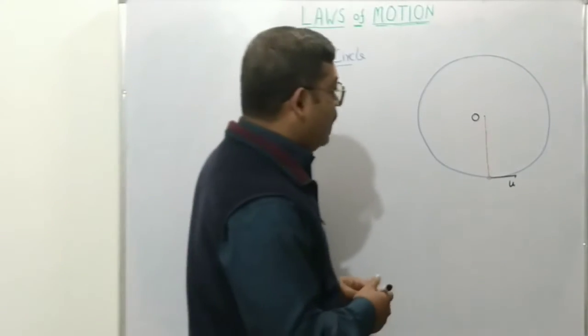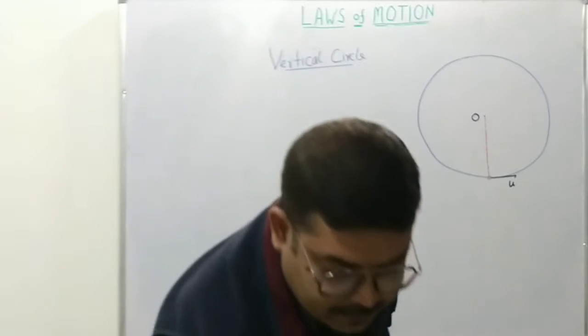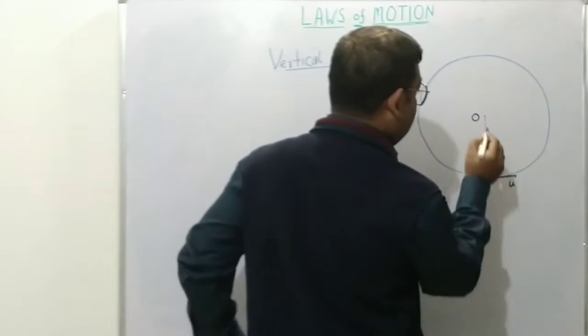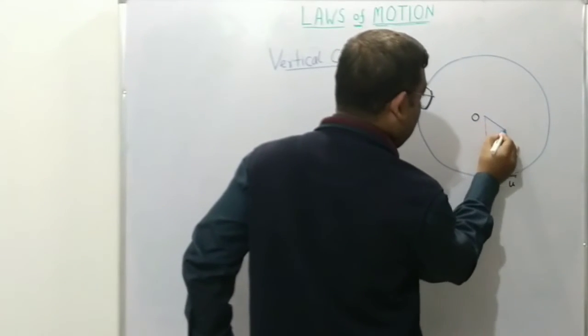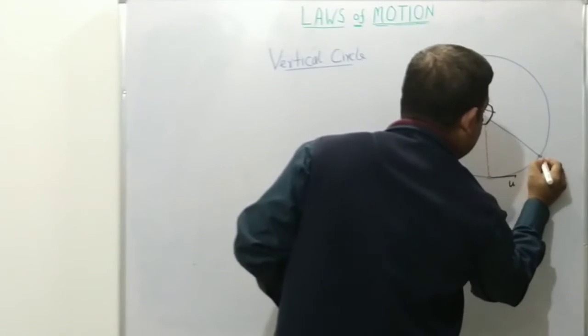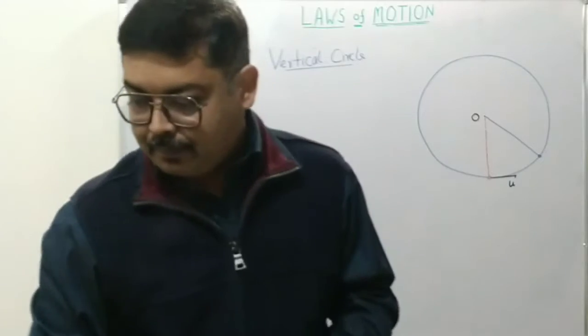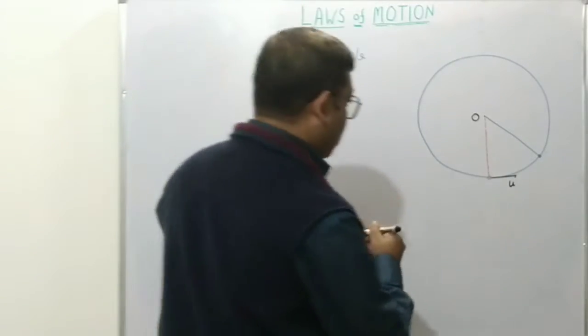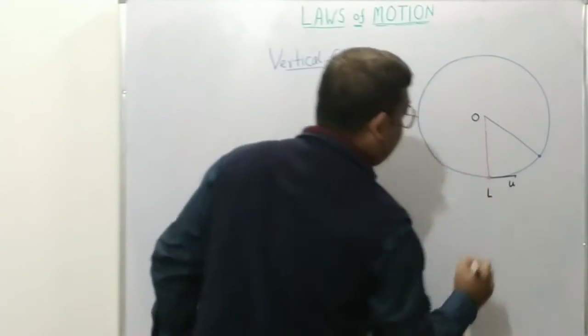To do this, let's consider a random point, say P, in the path, say here, when the particle reaches this particular point. Let's call this point L, the lowest point.